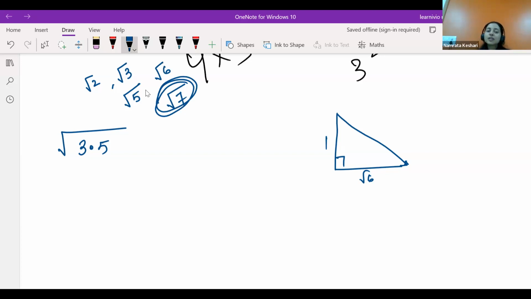Then if we have to locate root 6, how will we be locating? Such a triangle where the hypotenuse should be root 6. That means, what can be the base, what can be the height? Who will say? Root 5 and 1?